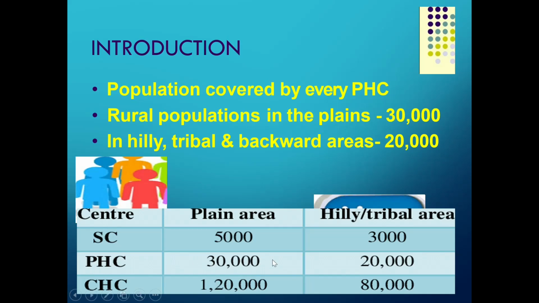Besides PHCs, CHCs are community health centers, which are a little higher than the PHC, and SC means the sub centers, which require a lesser population. Sub centers are given for a 5,000 person locality in a rural area and around 3,000 in hilly and tribal areas. So these are the criteria for the setting up of a PHC.